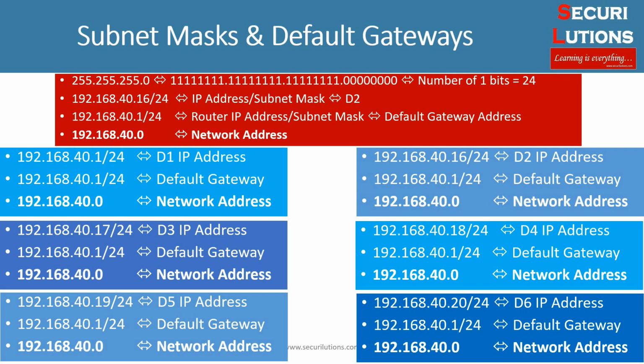For device 4, the IP address is 192.168.40.18/24. For device 5, the IP address is 192.168.40.19/24. And for device 6, the IP address is 192.168.40.20/24. As you see, all devices have the same network address as 192.168.40.0.